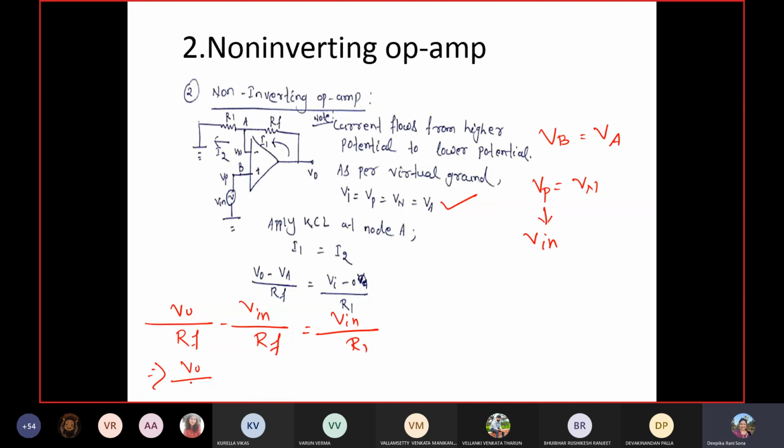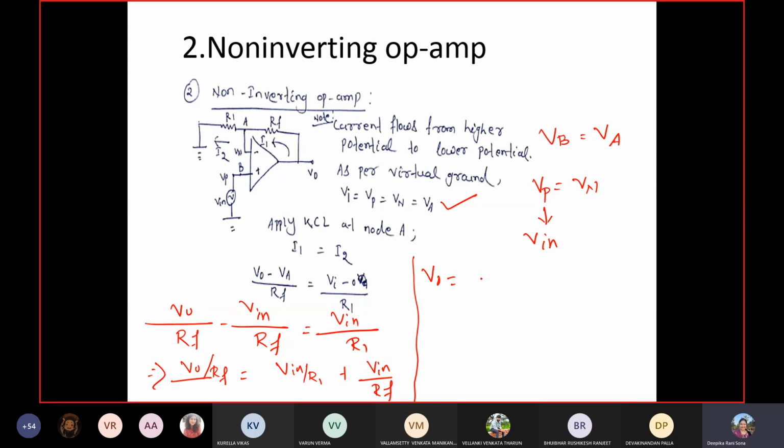V0 by Rf equal to Vin by R1 plus Vin by Rf. So what is the V0 equation?